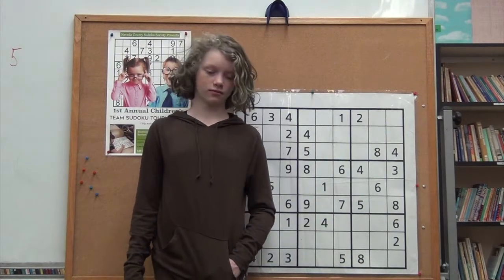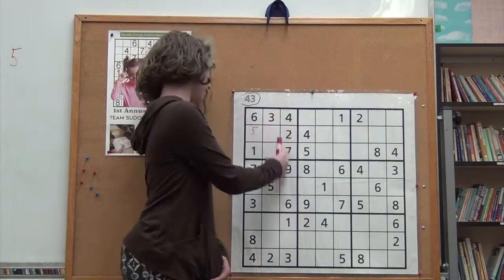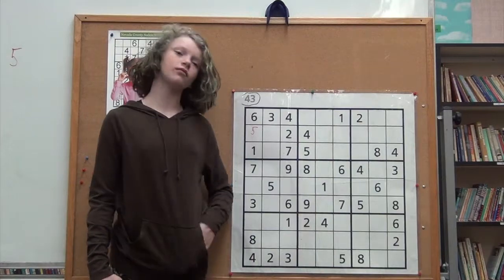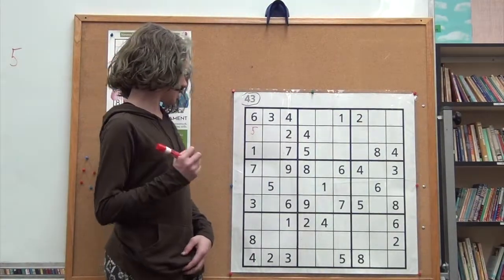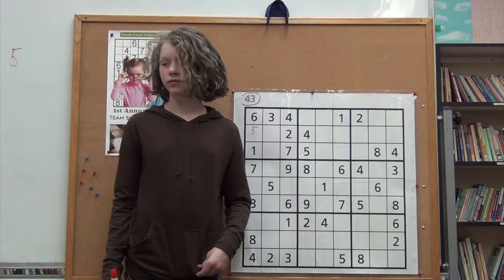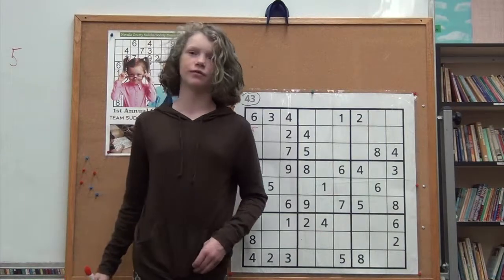Name the family you will work on. I'm going to be working on this row. Okay. Say which numbers are needed. We need an 8 and a 5. Say which number you will solve. I'm going to solve for both the 8 and the 5.